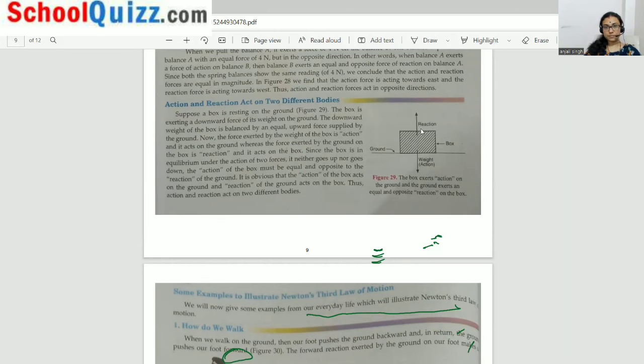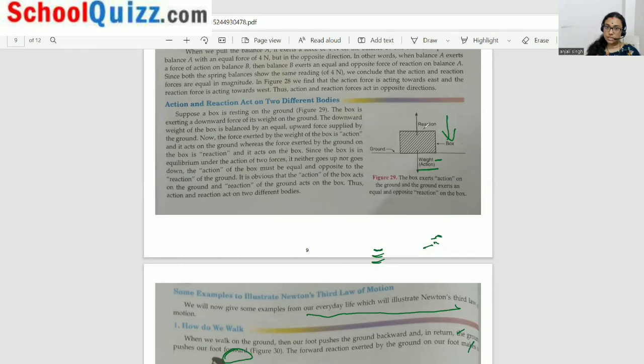So what will happen? This will act with force on the ground, and the ground is also exerting force on the box. So the force which is acting on the downside will be the action, and it is the weight of this box.